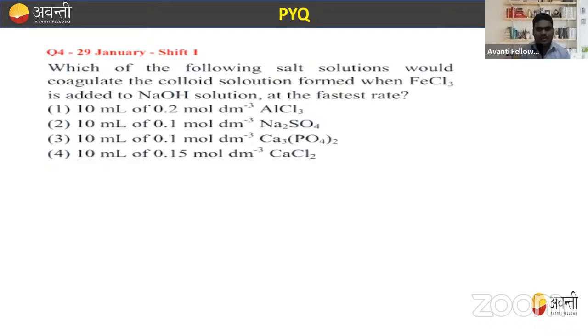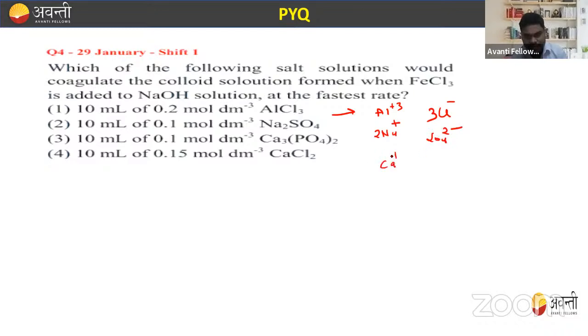So just calculate the number of ions of each. In AlCl3, if I'm talking about the positive ion, Al has a +3 charge and chlorine has -1. Na2SO4 has 2 Na+ and SO4 with a 2- charge.